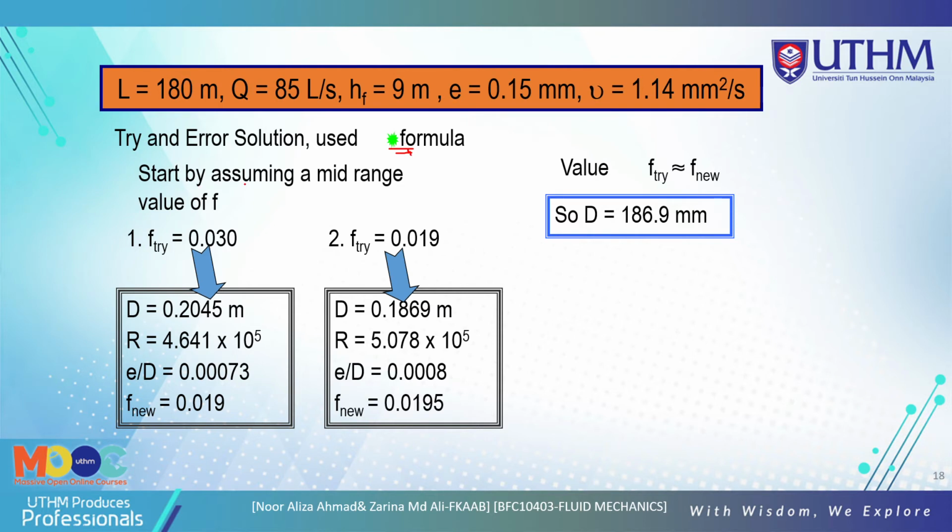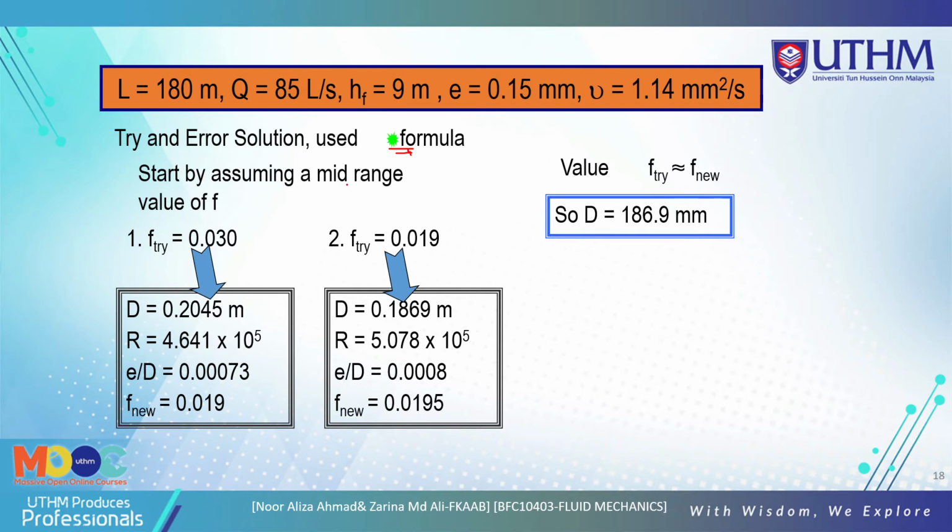Start by assuming a mid-range value of F, so we start at 0.030. Maybe you can also assume 0.025 or 0.020, it's okay.